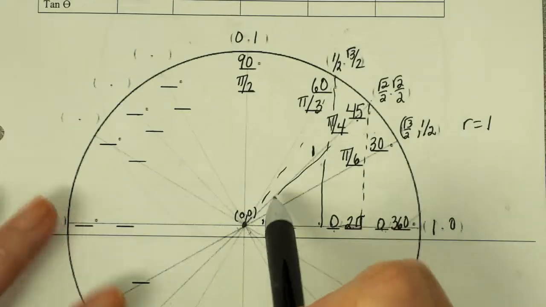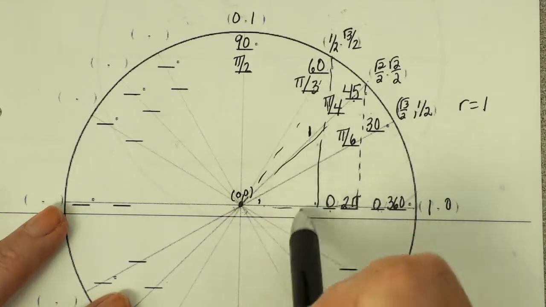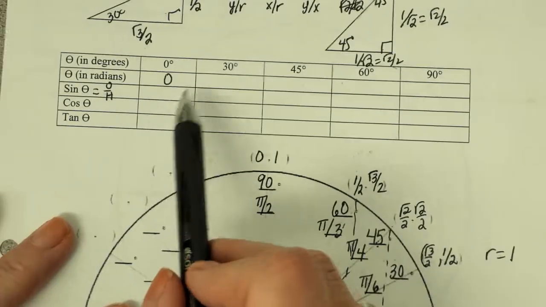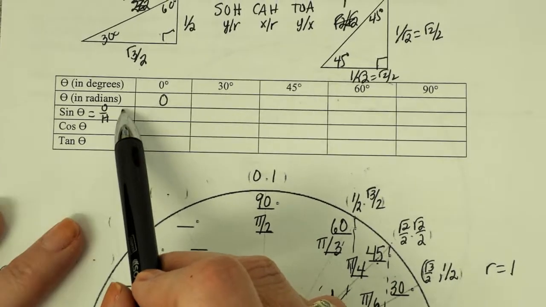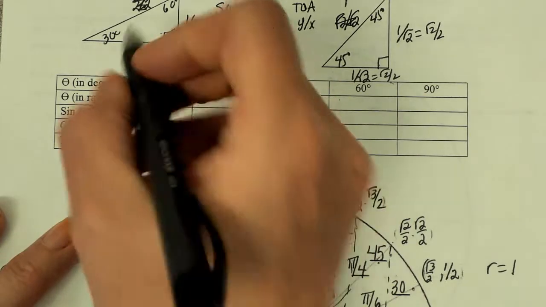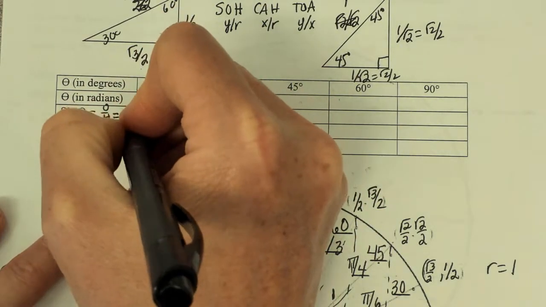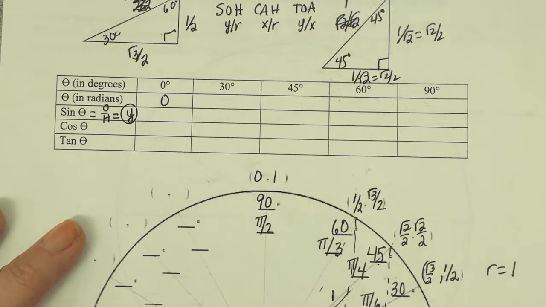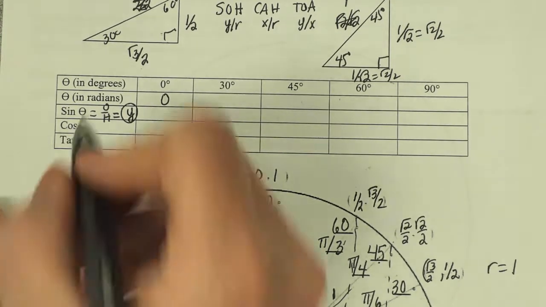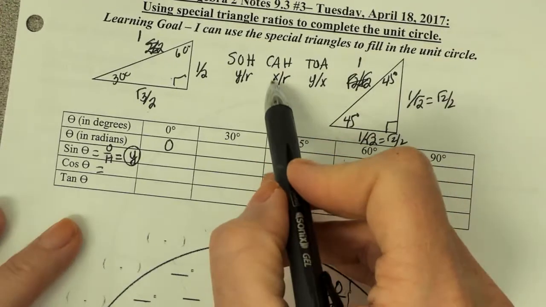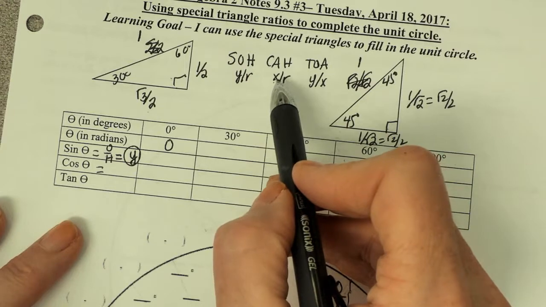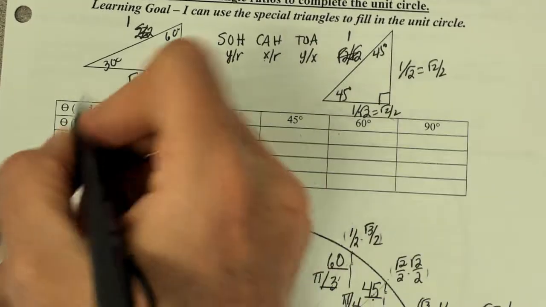But what's the radius always in this, guys? What do we say the radius always is? Just 1, right? So instead of thinking this as y over r, sine could just be thought of as y now. Just y. It's y over r, but r is 1. So it's just y. So what's cosine going to be? Normally it's x over r, but r is 1, so it could just be thought of as what? X.